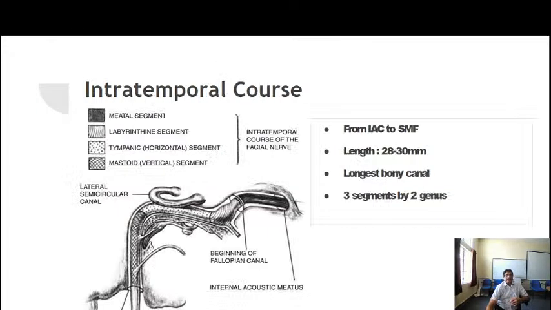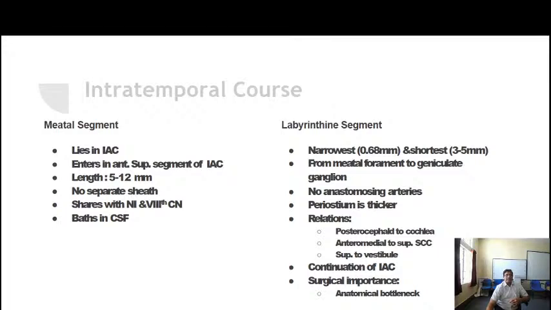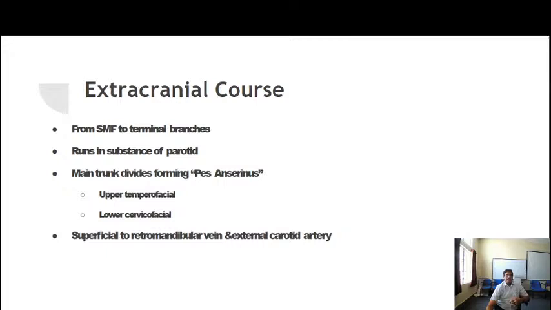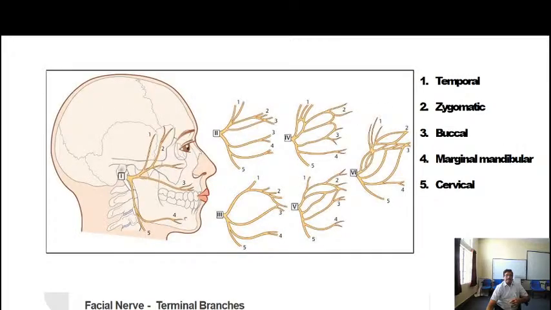Then we go into the facial nerve as it emerges out through the stylomastoid foramina, and the pes anserinus, the various temporal, zygomatic, buccal, marginal mandibular, and the cervical branches are there. And all of them supply the muscles of facial expression, which are the subcutaneous muscles.